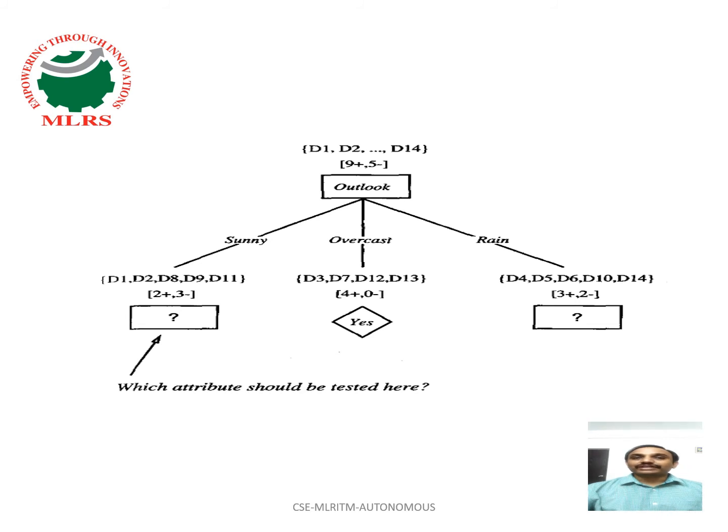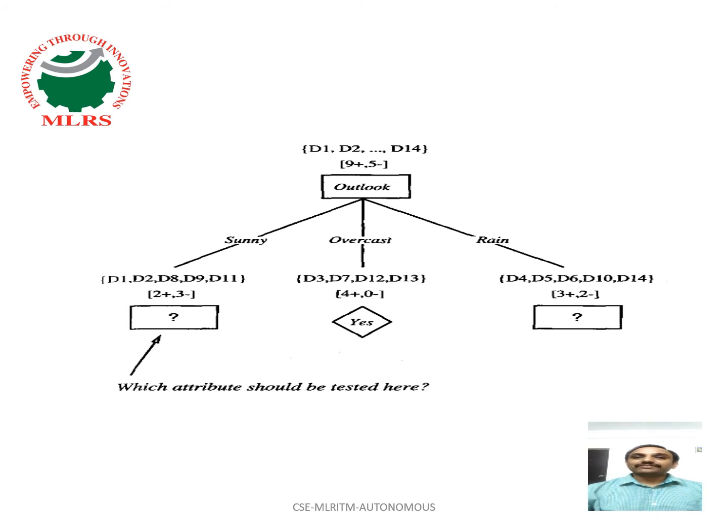Next one, overcast. In the overcast case, 4 days come under overcast. In this, all 4 days are positive, 0 negative. So directly, if outlook value is equal to overcast, we can give the positive result. So we are taking that leaf as yes.